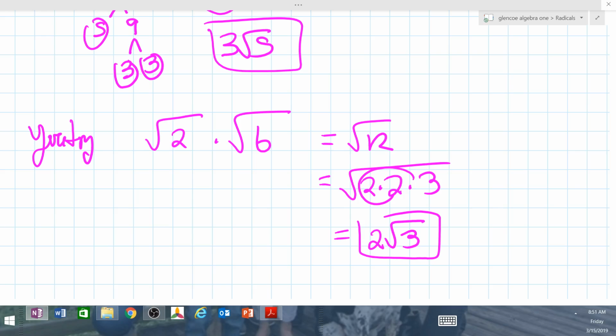So when you multiply under the radical times under the radical, you're going to see what you have, and then you must simplify it at the end.